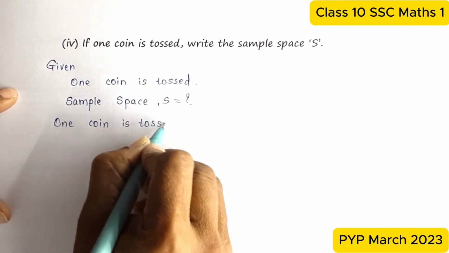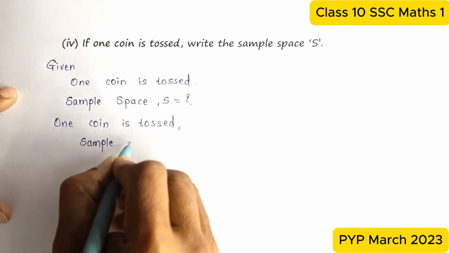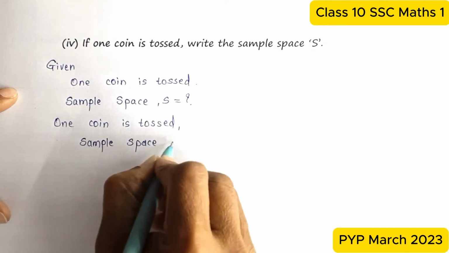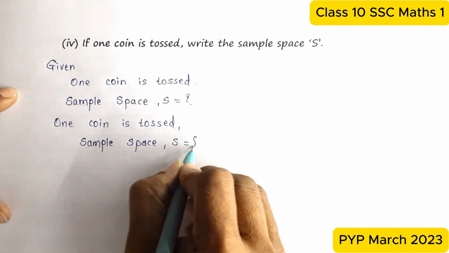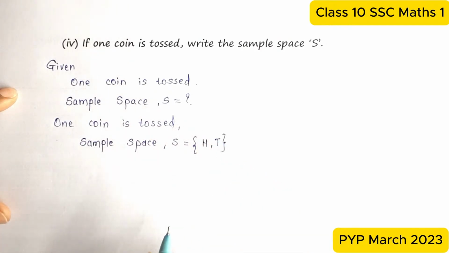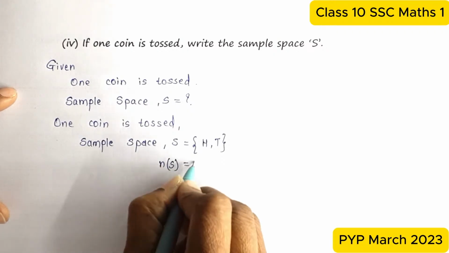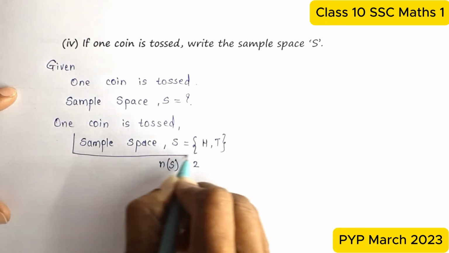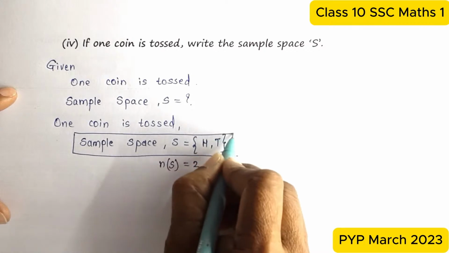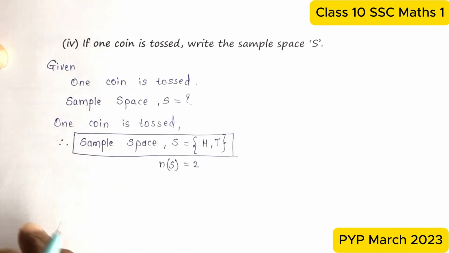Then sample space S is equal to, in the curly bracket, H, T. Okay, students, we can also write down the number of elements, but it is not necessary, we only write the sample space S.